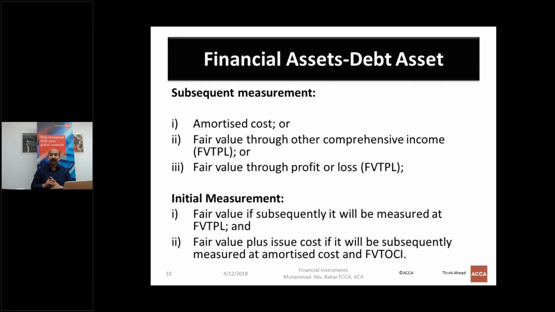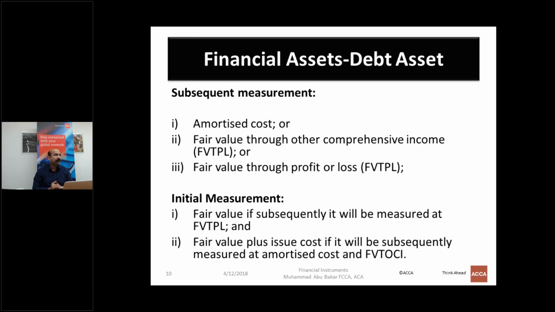In that case, you will be calculating the fair value of that financial asset using the criteria given in the IFRS 13. What is that? That is, fair value should be based preferably on open market value, active market of the identical asset, or based on the valuation techniques that use data from the observable markets. These are the guidelines given by the IFRS 13.